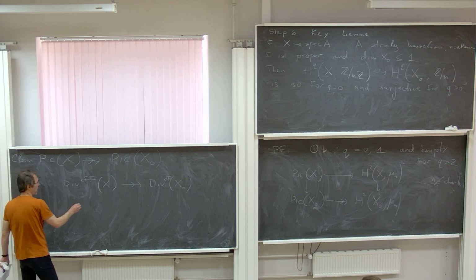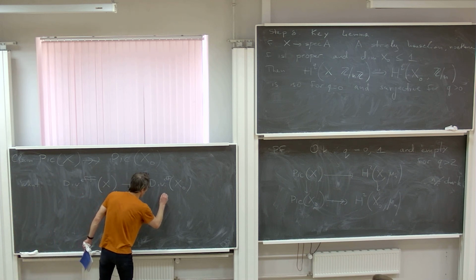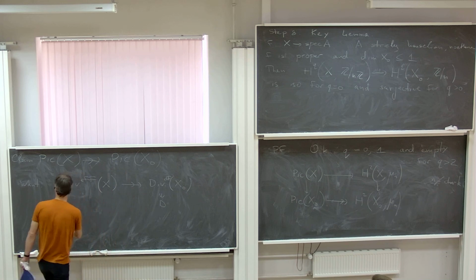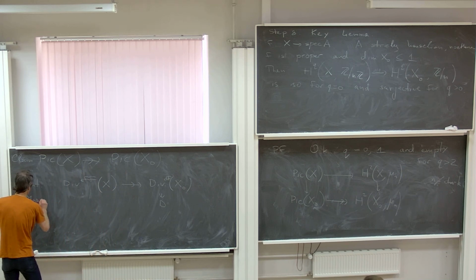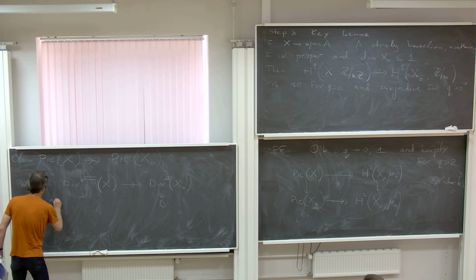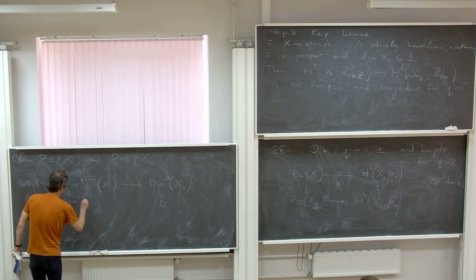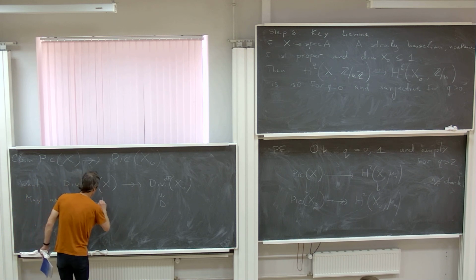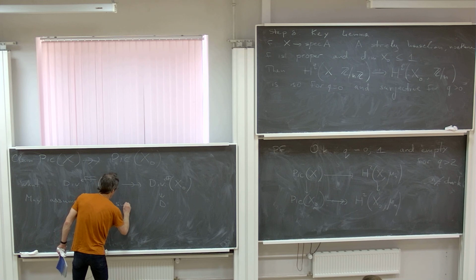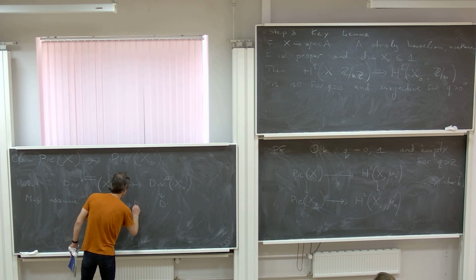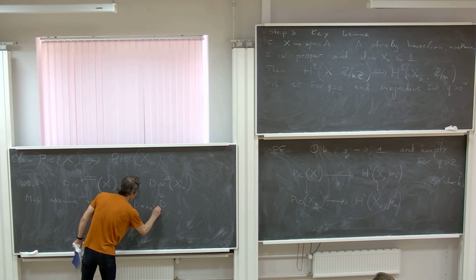So suppose I have a divisor D, and I want to show that it can be lifted. So I may assume that the support of my divisor D is just one closed point in X0.